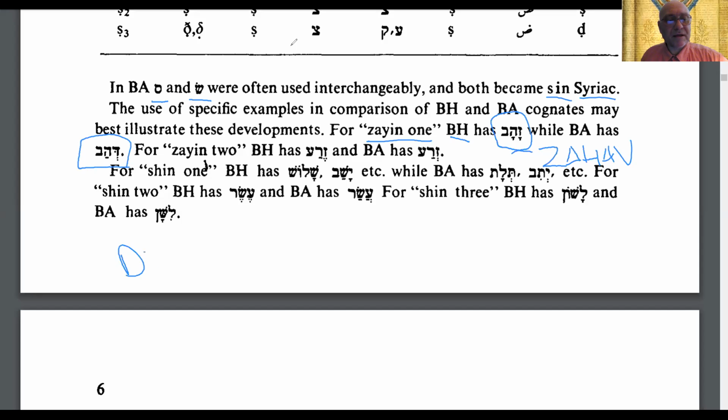D-A-H-A-V. So there's a difference here because in Biblical Aramaic, you get this D sound on this same word, but in Biblical Hebrew, it retains a Z sound, as in Zayin. Isn't that something?